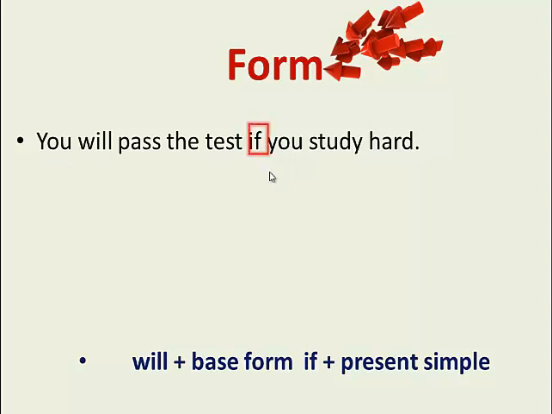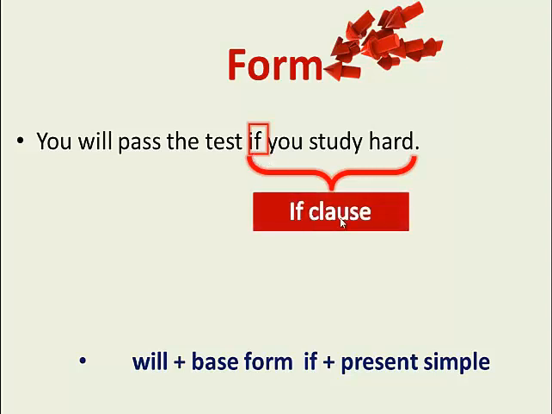So we have the subordinate conjunction if in the middle, and it begins the if clause. And the verb here is in the simple present. The second part of the sentence, which is the main clause, the verb in it, will pass, is in the future. Will followed by a base form.